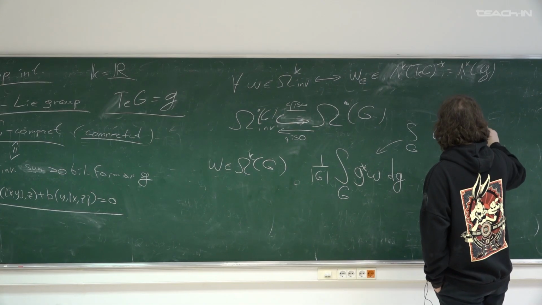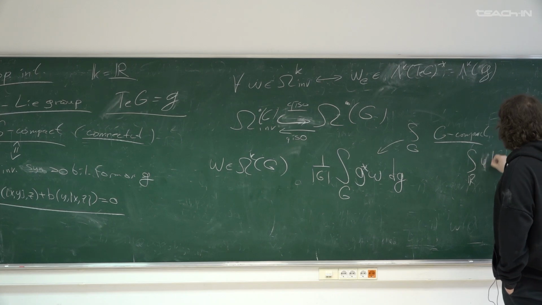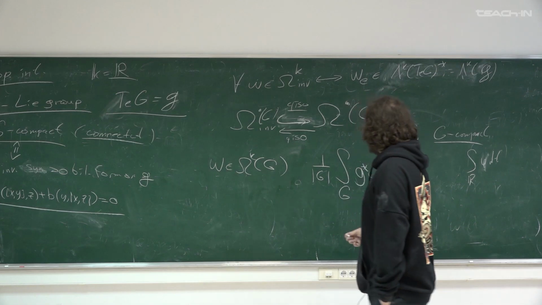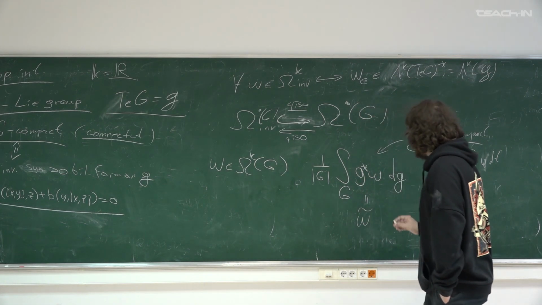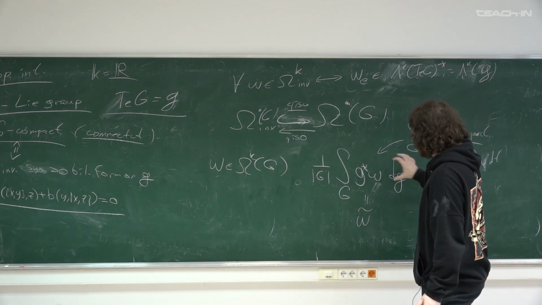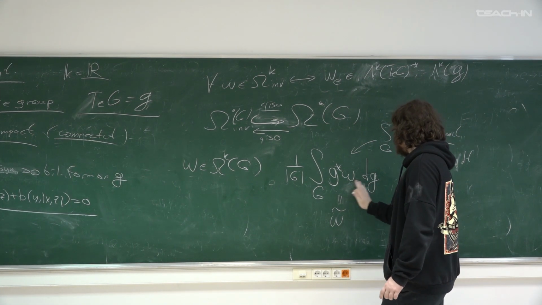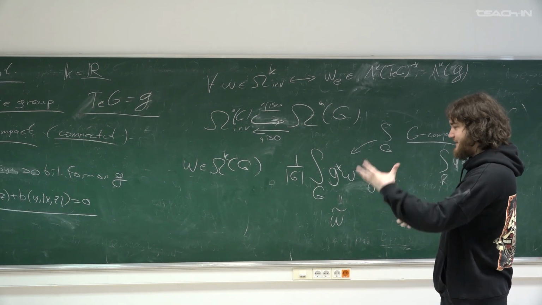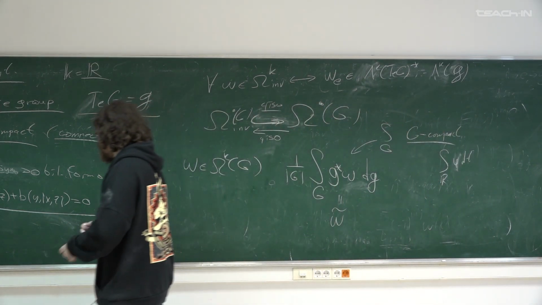If G is not compact, for example over R, I cannot always integrate any form. Over compact G, I can always integrate, and if I integrate this thing, it's again a form. It's a new form, because I just calculate on vector fields inside the integral. And this form is obviously invariant because I consider the average of my form over my group.